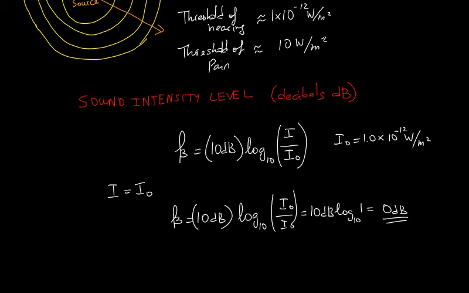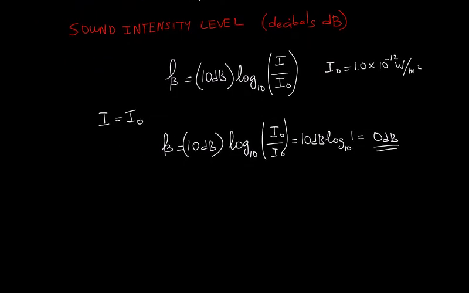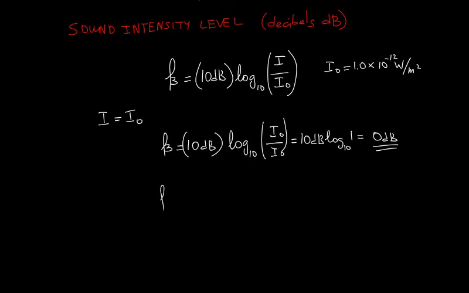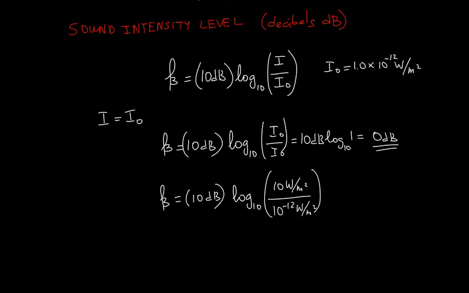If we want to find the sound intensity level at the pain threshold, we just plug the pain threshold number into this expression: 10 watts per meter squared divided by 10 to the negative 12 watts per meter squared. This gives us 10 decibels times log base 10 of 10 to the 13, so this will give us 130 decibels.